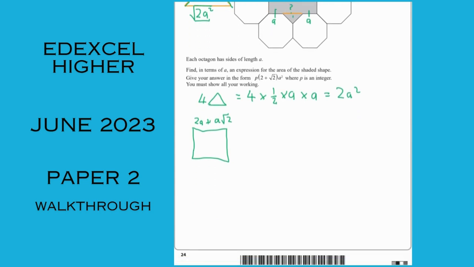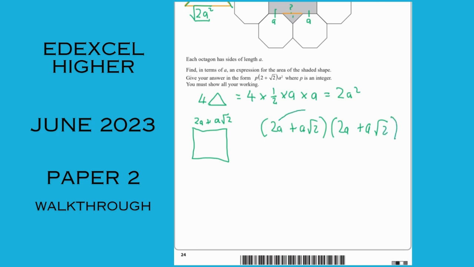So we can find the area of the square now by doing 2A plus A root 2 multiplied by 2A plus A root 2.